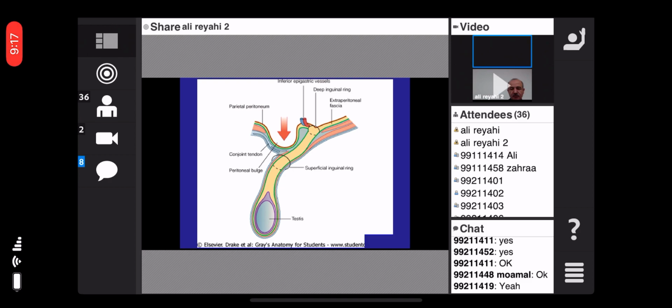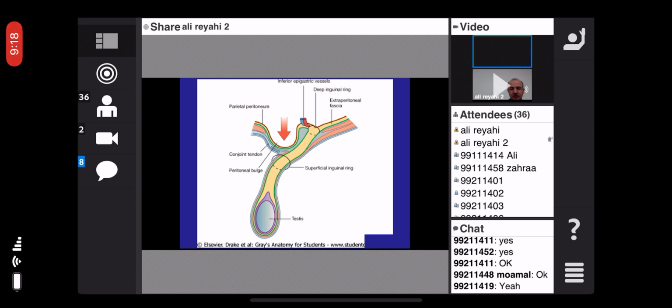Hesselbach's triangle is a weak part of the abdominal wall. The coil of the small intestine can push here and can enter here, and it can enter directly. This type of hernia is called direct inguinal hernia.